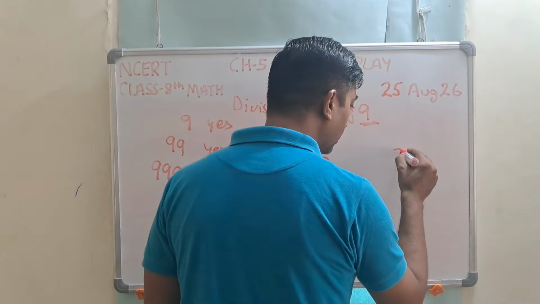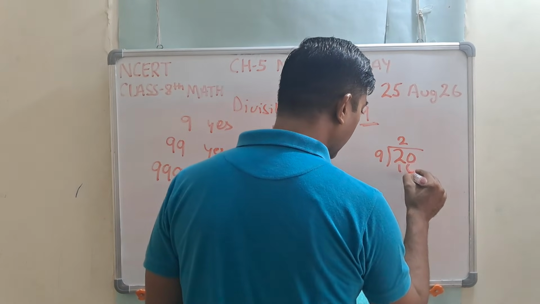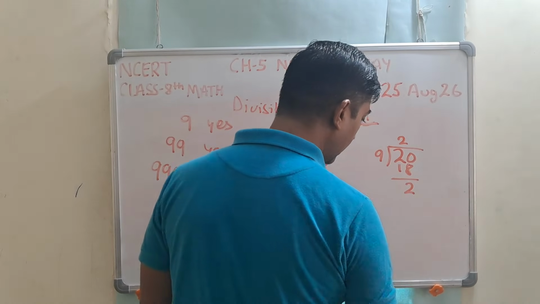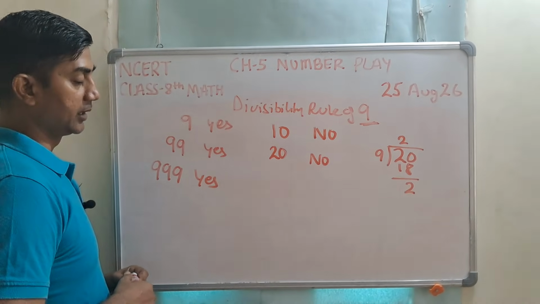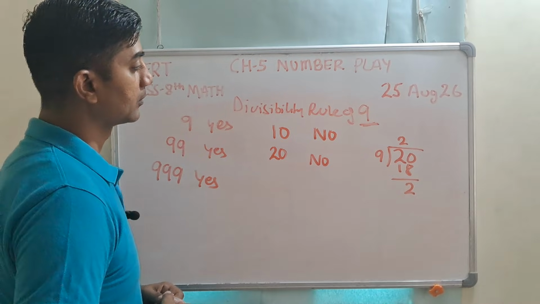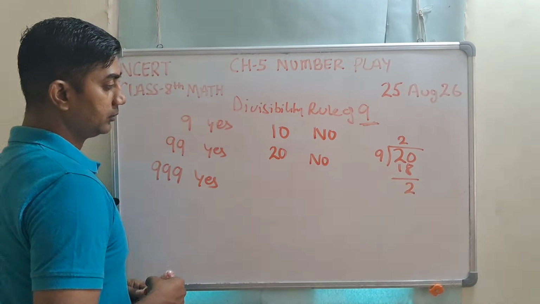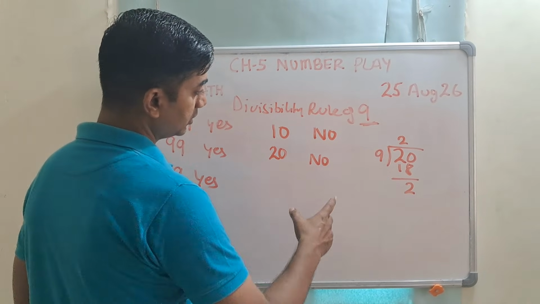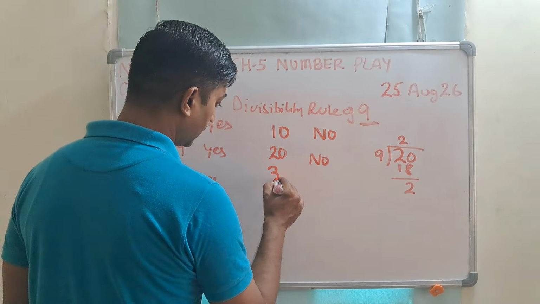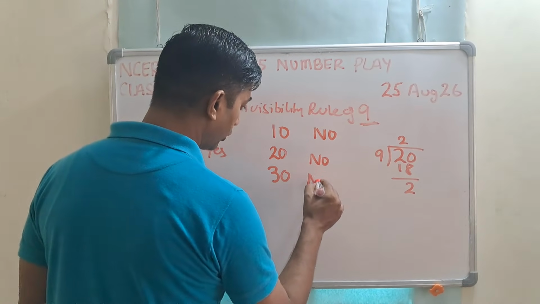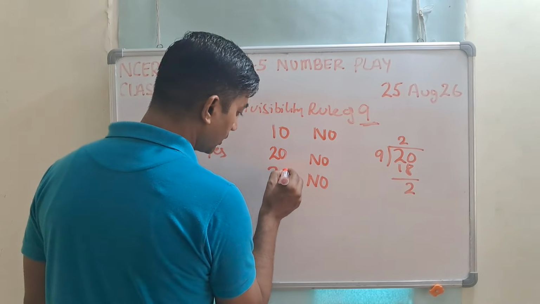Actually you are doing division, and you are saying that there is a remainder, so this number is not perfectly divisible by 9. And if I write 30, again you will say no, because this number is not divisible by 9.